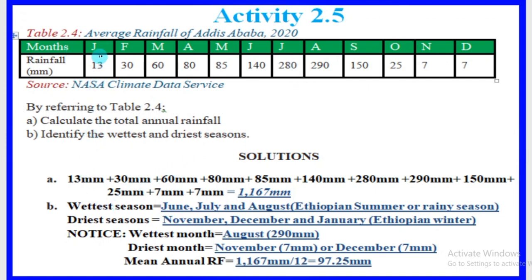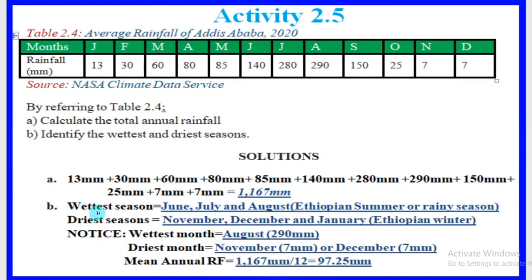Therefore, January 14 millimeter, February 30 millimeter, then 60, 80, 85, 140, 280, 290, 150, 25, 7, and 7 millimeter gives 1167 millimeter. This is the total annual rainfall.